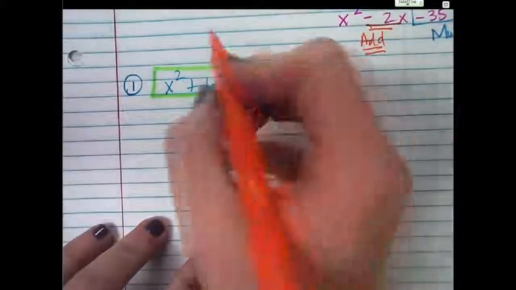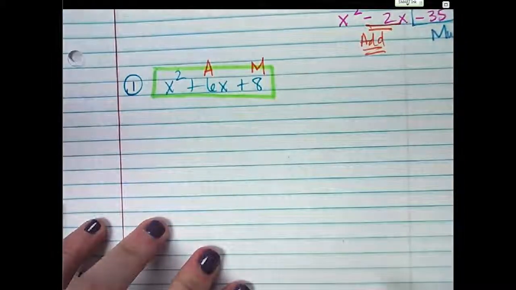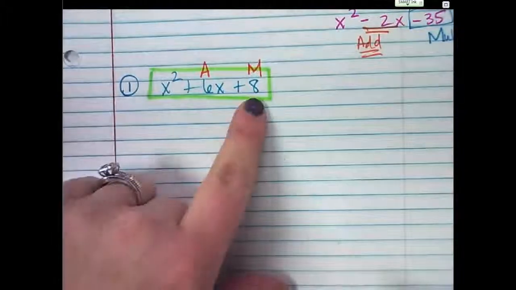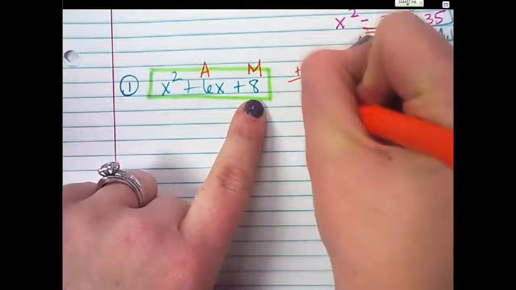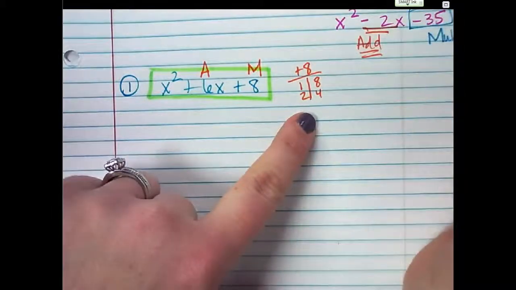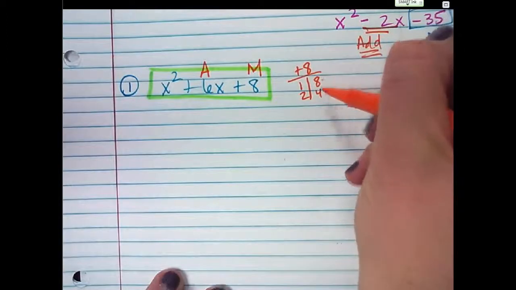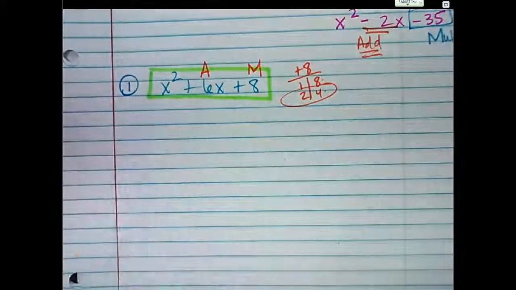So I'm looking for two numbers that add to give me 6 and multiply to give me 8. 2 and 4. So, but start here. If you're confused, start with positive 8 and list your factors. 1 times 8 and 2 times 4. Okay, that way you can see one of these pairs has to give me 6, which would be 2 and 4.